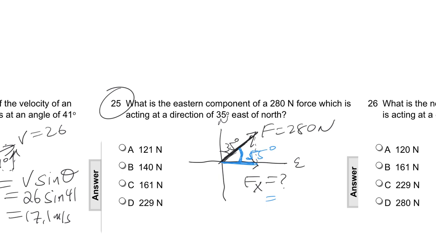So that'd be F times cosine of theta, but with 55 instead of 35. So it'd be 280 times cosine of 55. So I get 161.